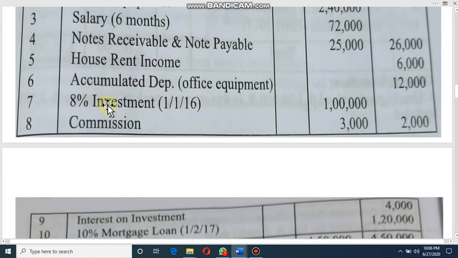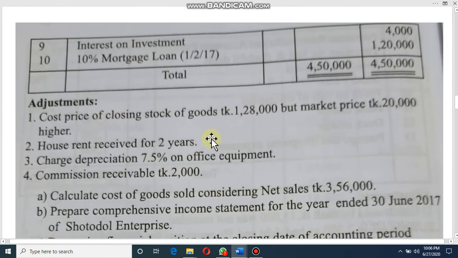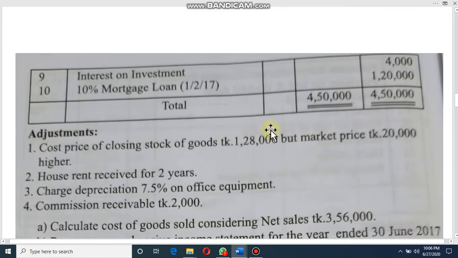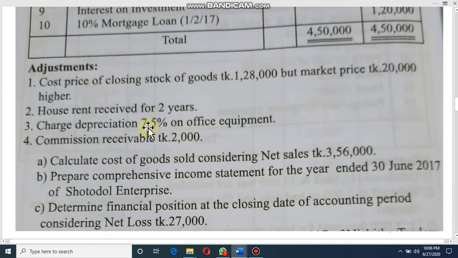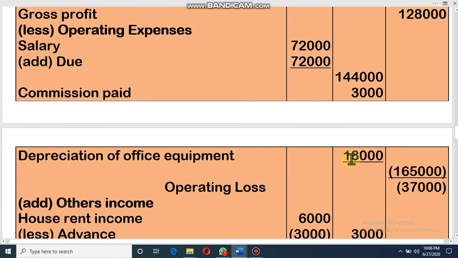Dear student, look at the office equipment. Office equipment is 2,40,000. Then 2,40,000 into 7.5 divided by 100. Take your calculator, dear student. 2,40,000, press into 7.5 and then divide by 100 and the amount is 18,000.